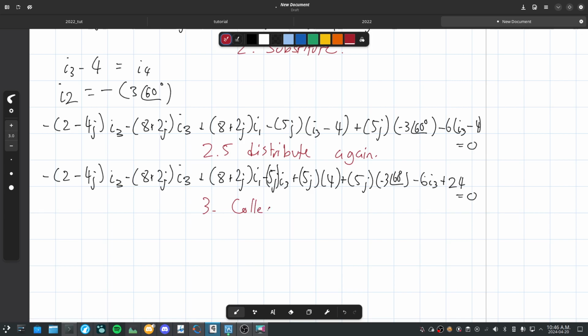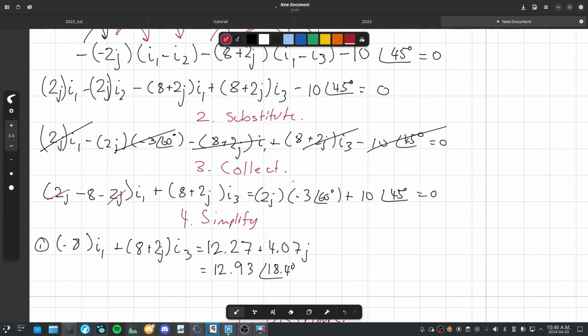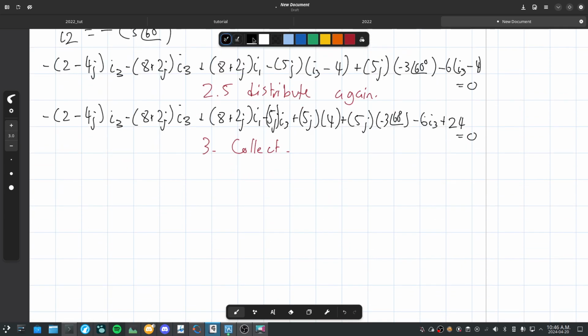Collect. That is collect, right? Yes. So let's start with I1. 8 plus 2j. Is that all there is for I1? That is all there is for I1. So I1 is that. Plus, now let's do I3.